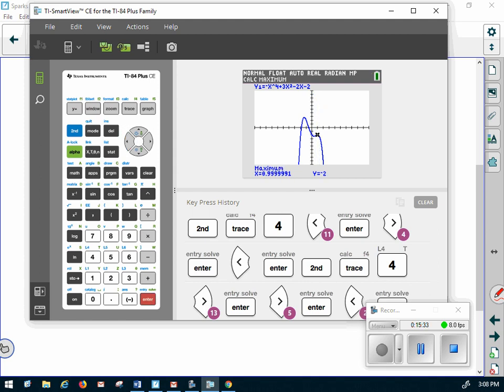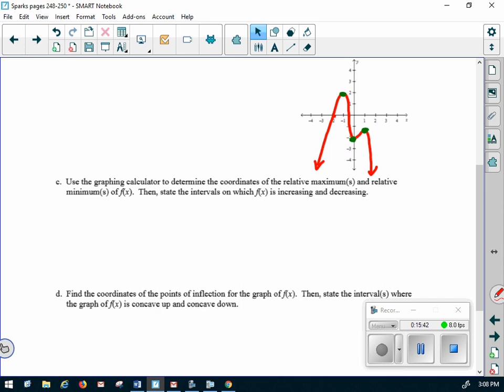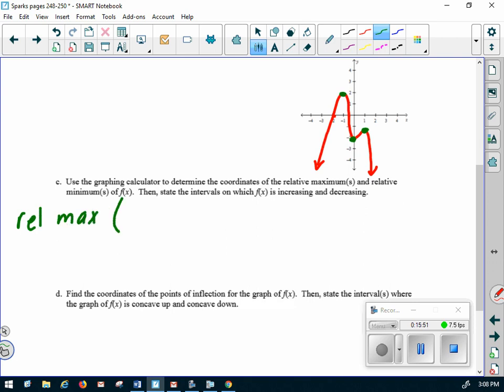This right here, that's just 1. So 1, negative 2. Okay, so relative max. And what were those numbers? Negative 1.366, comma 2.848, and 1, negative 2. Then we'll go find the relative min.